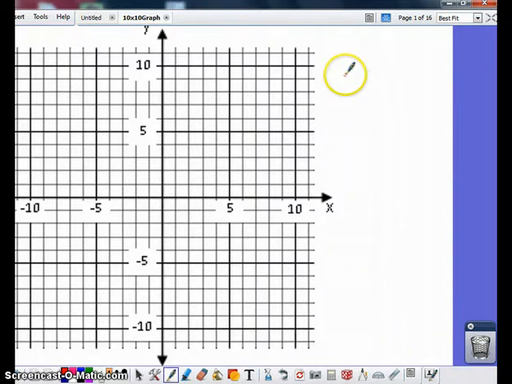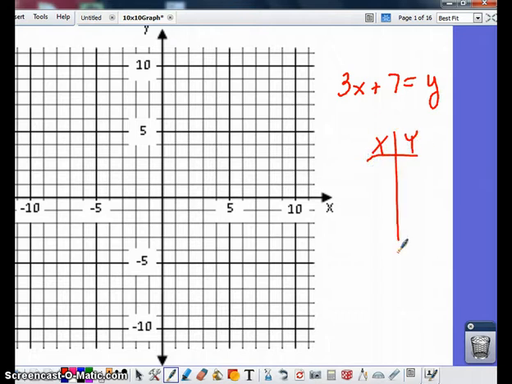So if I give you a line to graph, and again, it could be anything, 3x plus 7 equals y. And if I give you an XY chart, you pick your domain or your input and find your range or your y.